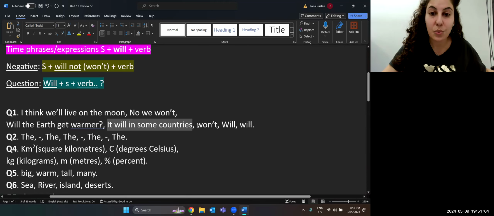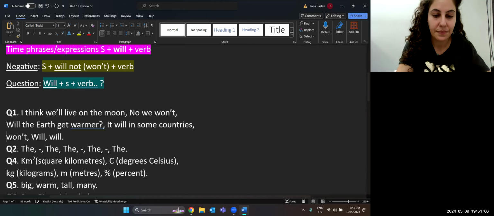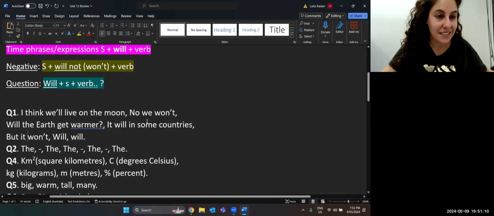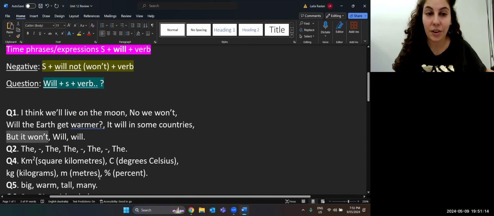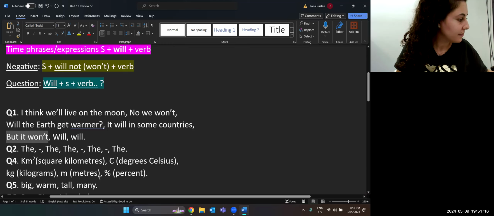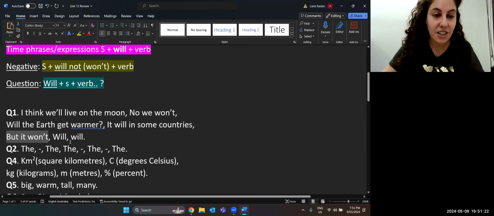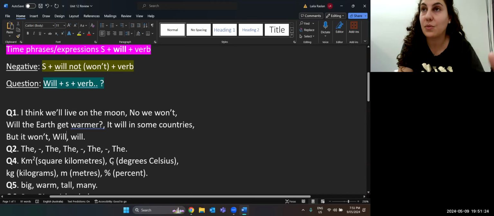But it won't. It won't in others. Negative. It won't in other countries. Will deserts get larger? So question, because it starts with the verb.